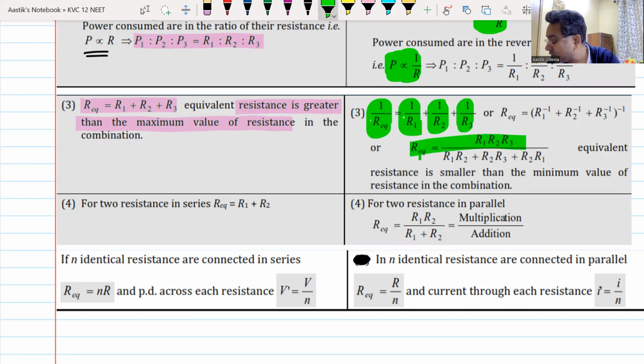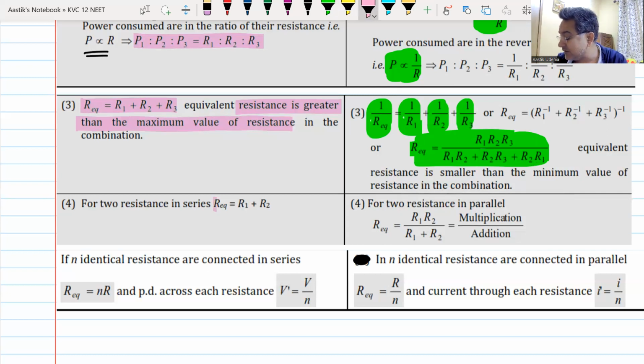This will be the formula for three resistances in parallel. If we have two resistances in series, it is R1 plus R2. If you have two resistances in parallel, it's R1 R2 upon R1 plus R2. Do we remember this, everyone?